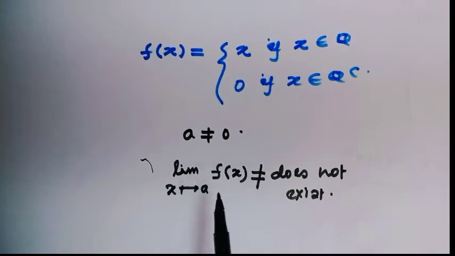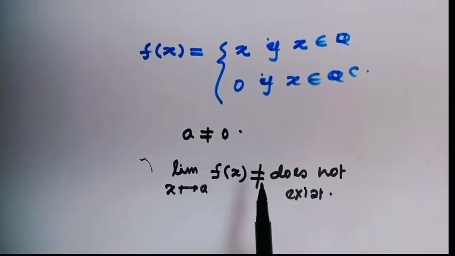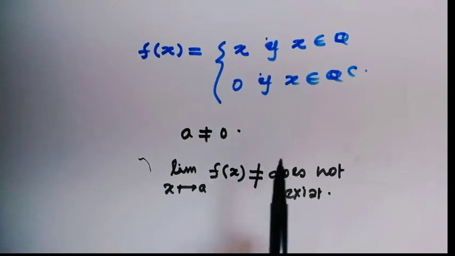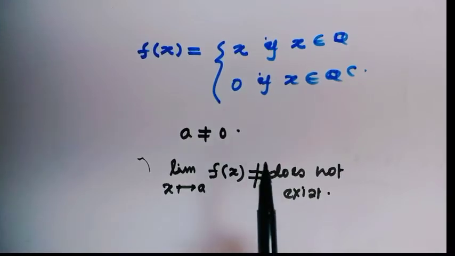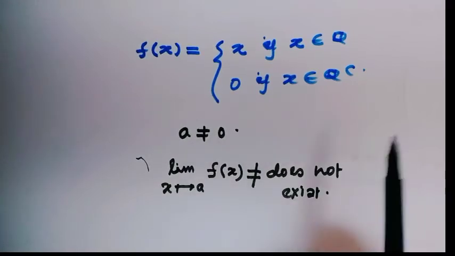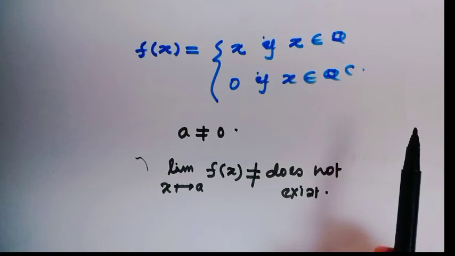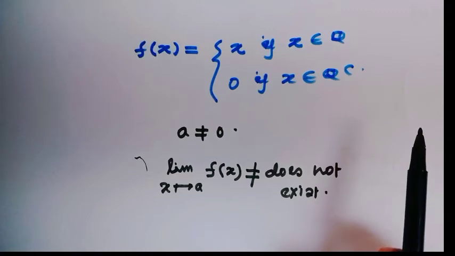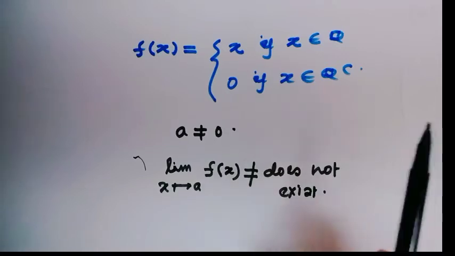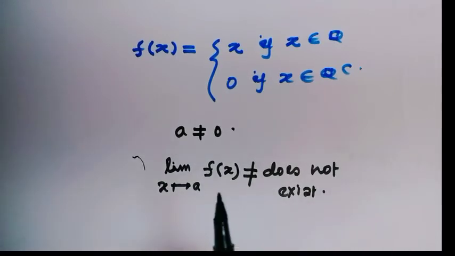The limit as x goes to a of f(x) does not exist, because the function keeps oscillating. Okay? So the limit cannot exist at any point where a is not equal to 0.